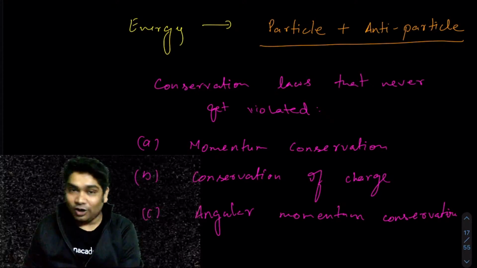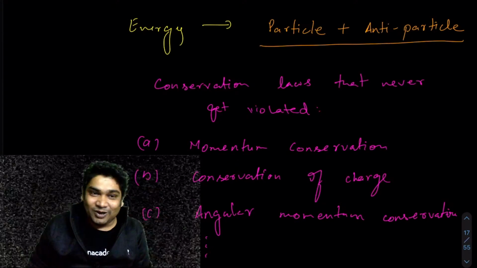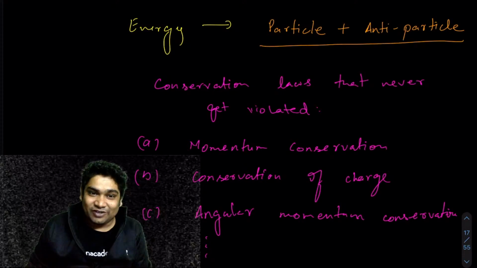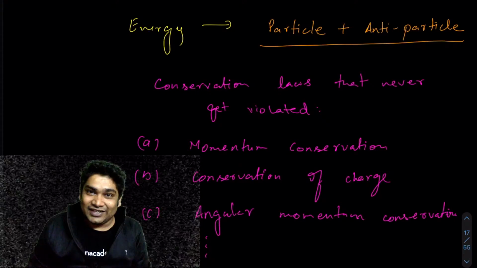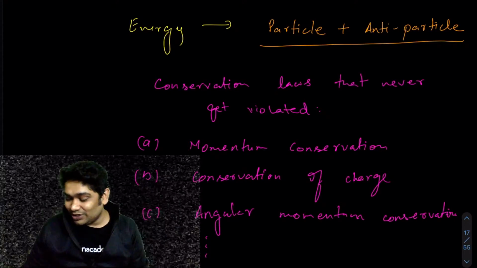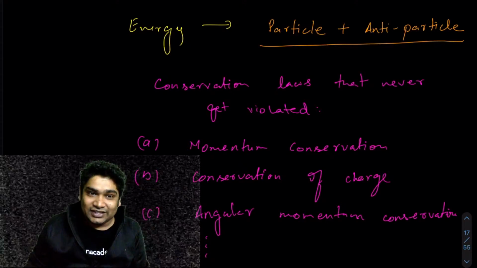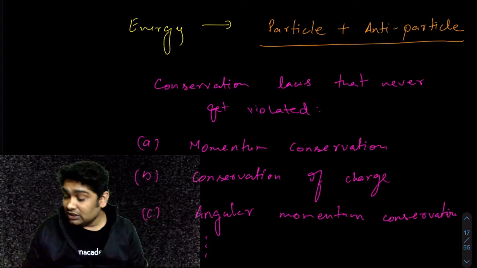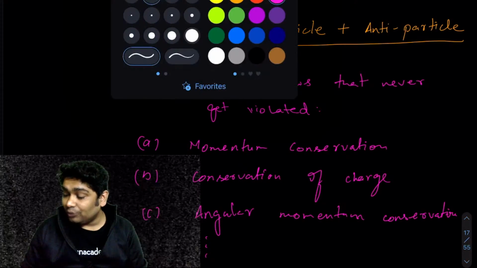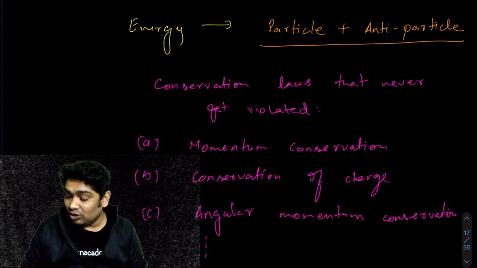And you have some more laws which we won't talk about. There is something called conservation of hypercharge. Then there is of course conservation of energy and mass. Those we won't list, but these are some of the conservation laws of nature that never get violated. Pair production ensures that all these laws hold true.